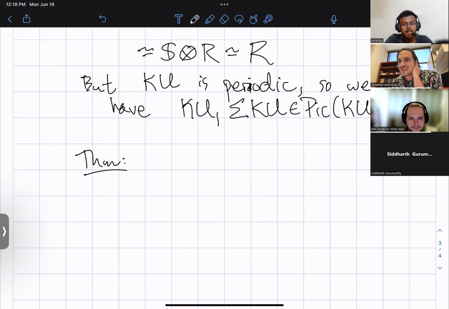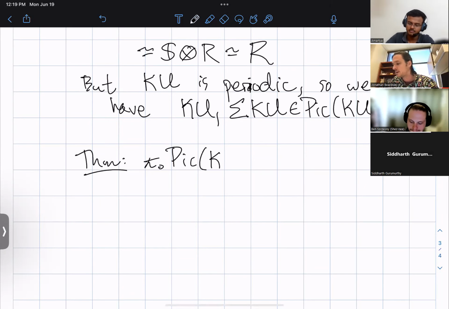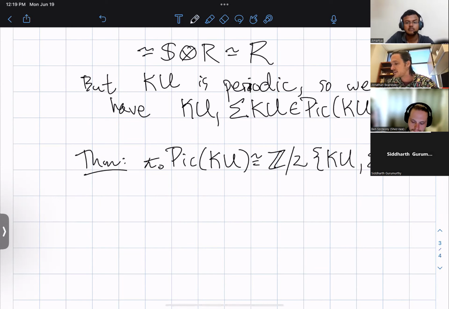If you're in the algebraic topology Discord, then I actually asked this like 2 hours ago because I didn't really know who to attribute this to. But it seems like it only appears concretely in this paper of Mathew and Stojanoska. And the theorem is that indeed these are all of the invertible Ku modules. So pi 0 of pic Ku is Z mod 2 generated by Ku and a suspension of Ku. So there are no other invertible Ku modules.